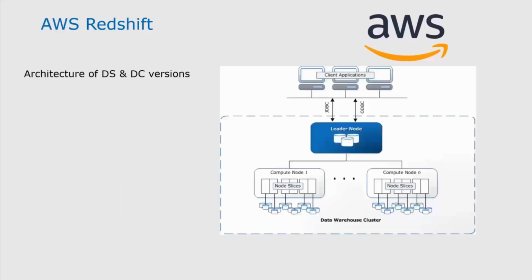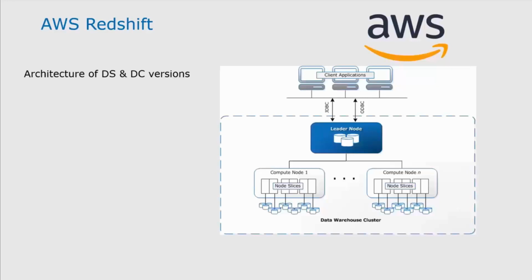So the DS2 and DC2 versions are very similar in architecture. It is only the focus, whether it's on storage or on compute. So the DS has slower storage and slower compute. DC2 has SSD disks and more compute nodes.